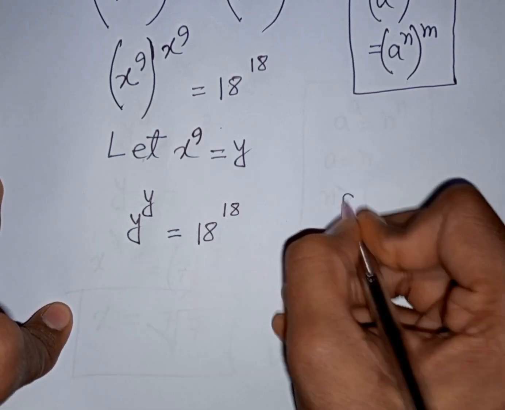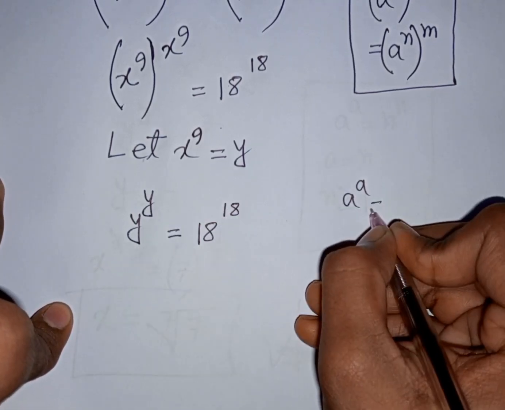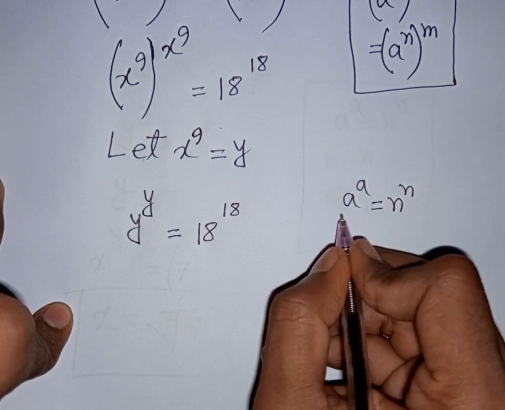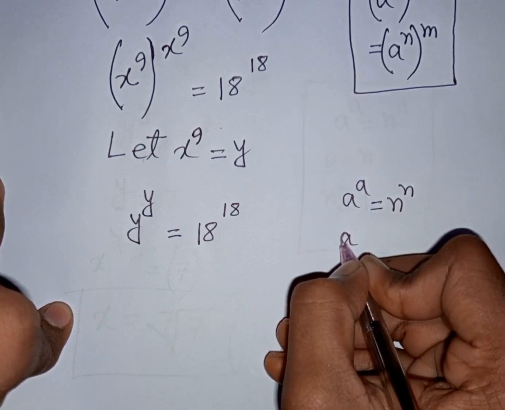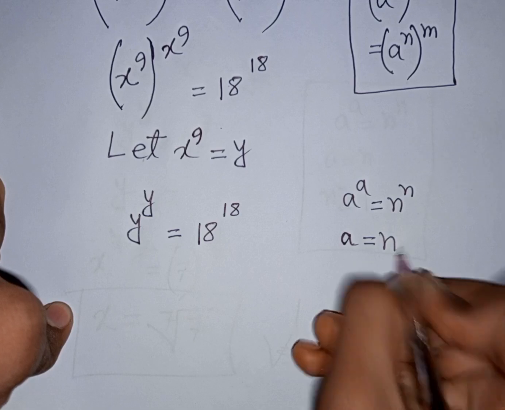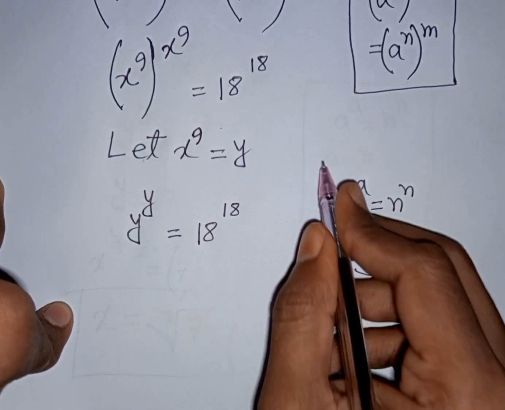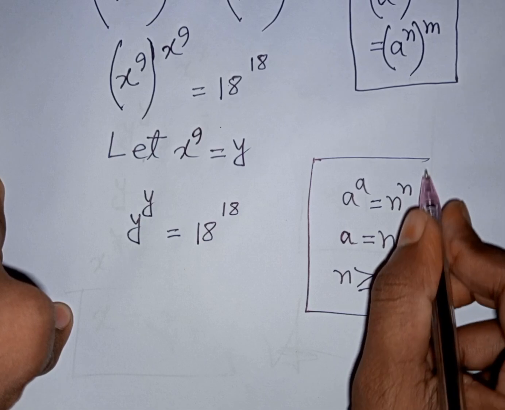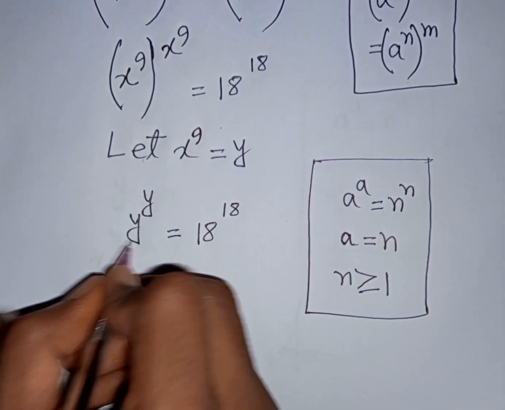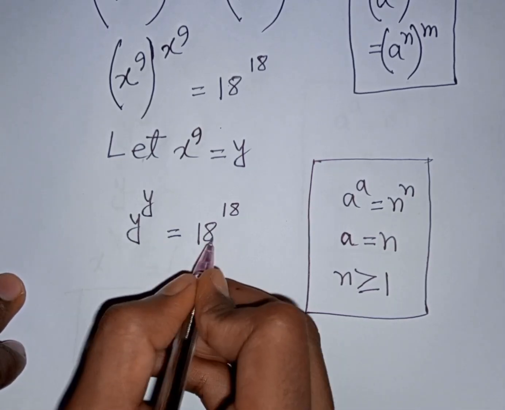Now here I can apply the rule that a power a is equal to n power n, so a will be equal to n, where n is greater than or equal to 1. So according to this rule, y will be equal to 18.